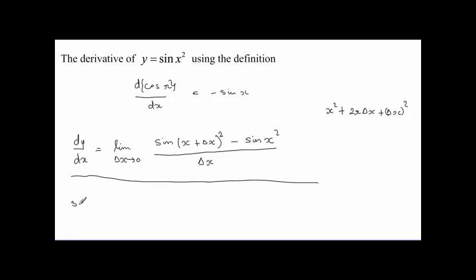We're going to have sine of x squared plus 2 delta x times x. So we're going to have sine of (x squared plus 2x multiplied by delta x plus delta x squared), all that in brackets.